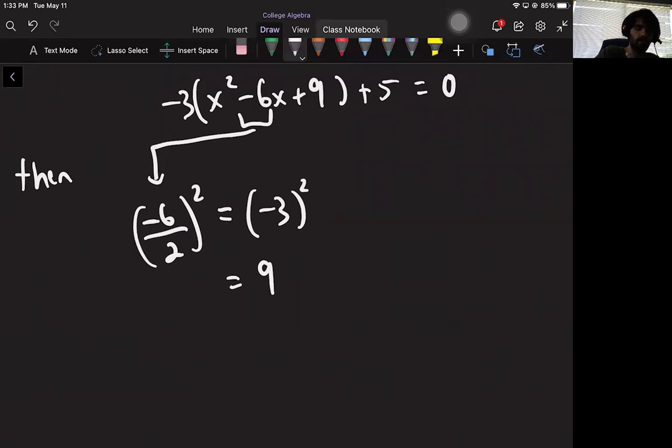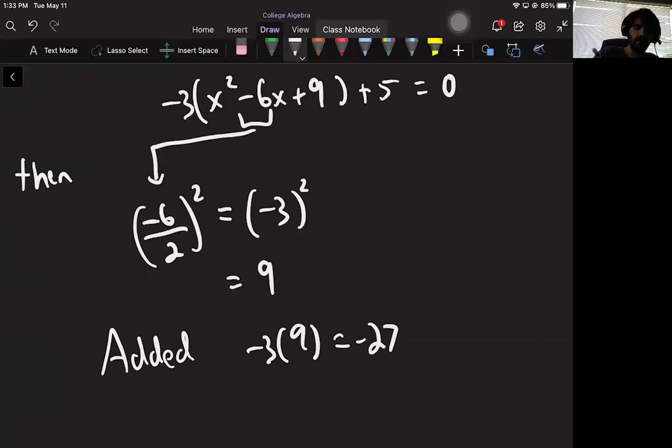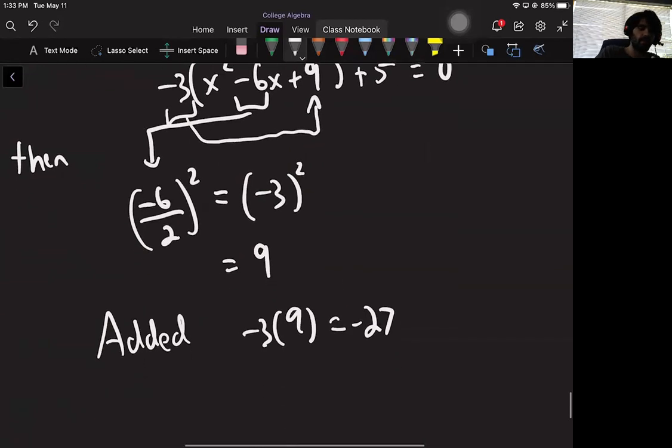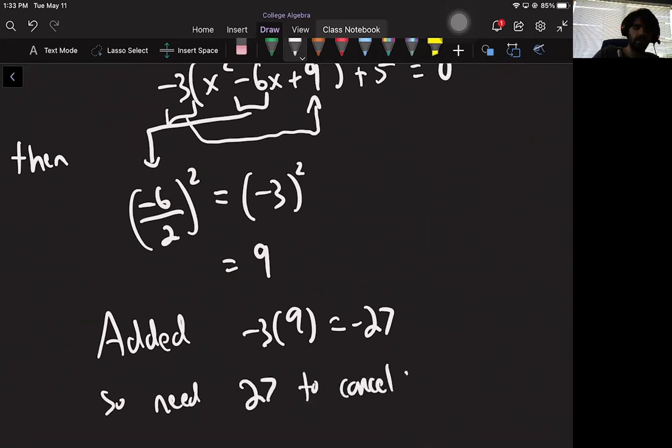Well, this is another tricky one. So I really didn't add a 9 to the left side. I really added a -3 times 9, a -27, because when I stick that 9 there, it's actually getting multiplied by that -3. So I'm really adding a -27. So now I need to add a +27 to cancel.